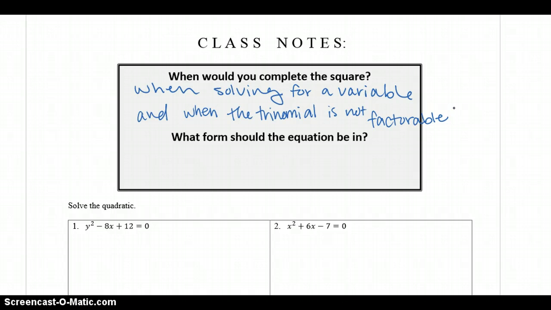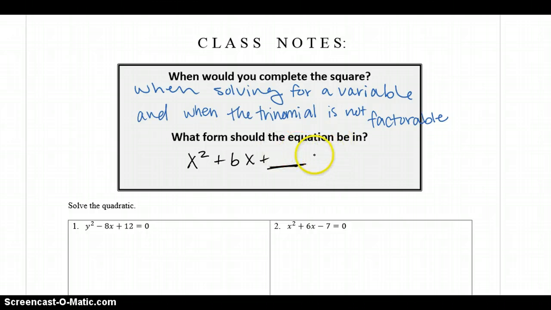Now, more importantly is the second question. What form should the equation be in? In order to complete the square, you must have it first in the form x squared plus bx plus blank. You cannot have another number here.